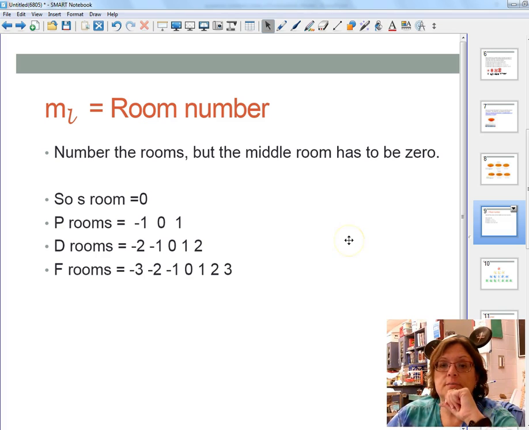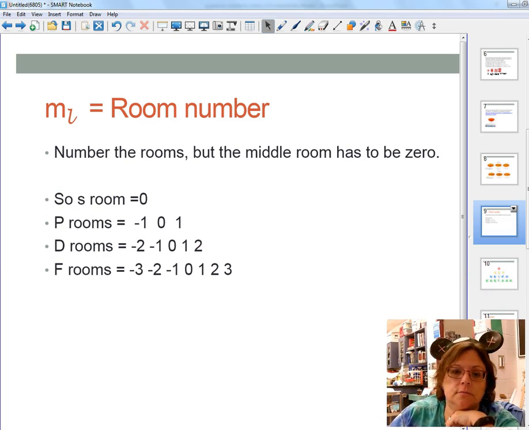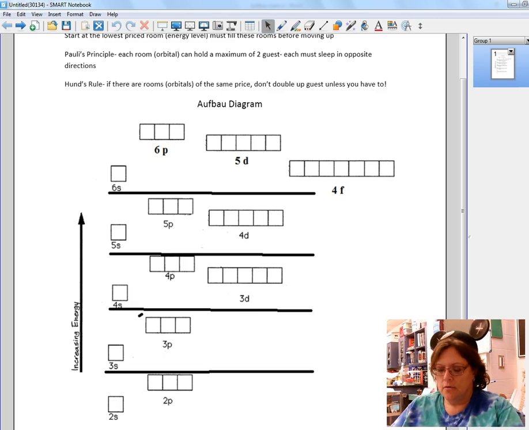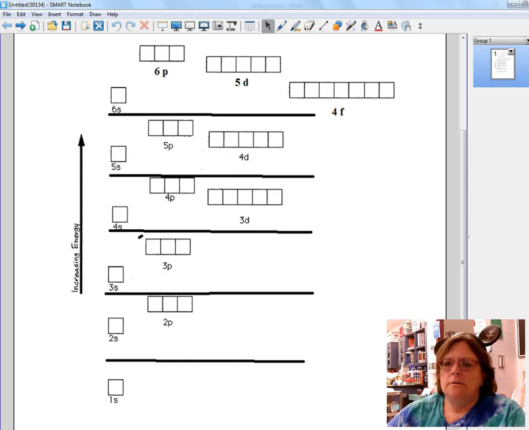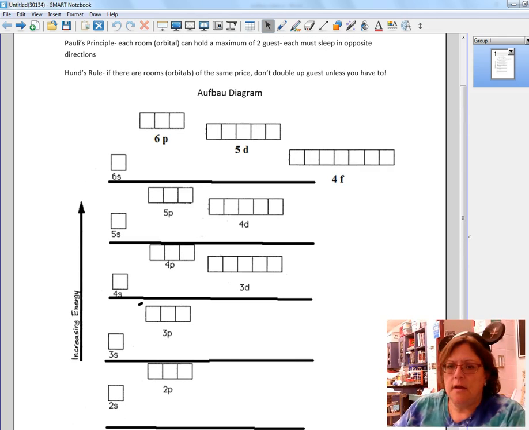All right, we just explained this. The ml is the room number. So I'm going to redefine those first 3 numbers using our hotel method. Okay? So far we've learned the N number, the L number, and the ml number.